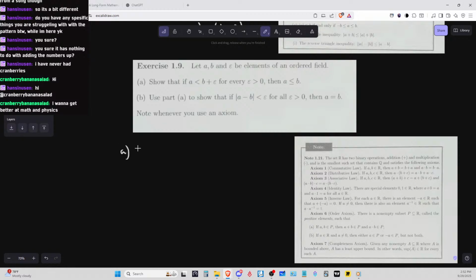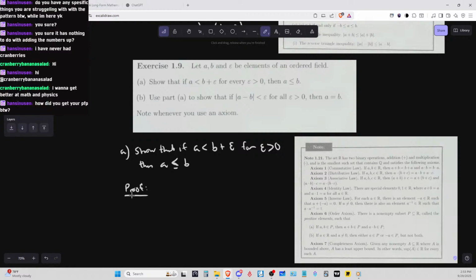So we'll put, show that if A is less than B plus epsilon for every epsilon greater than 0, then A is less than or equal to B. Okay. Alright, or maybe we have to do scratch work first.